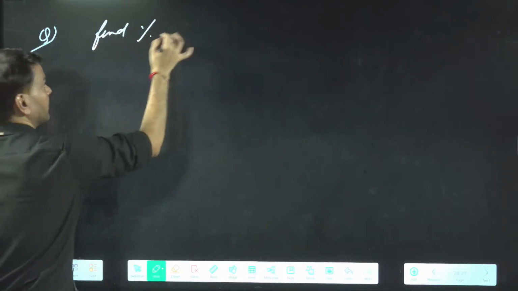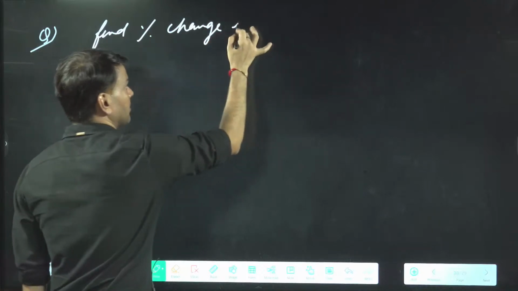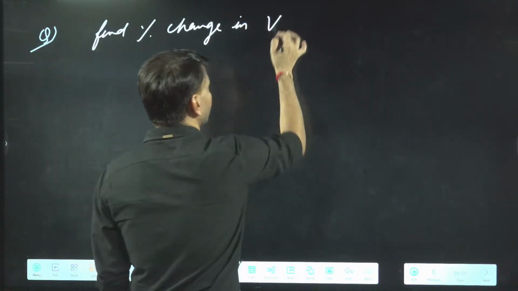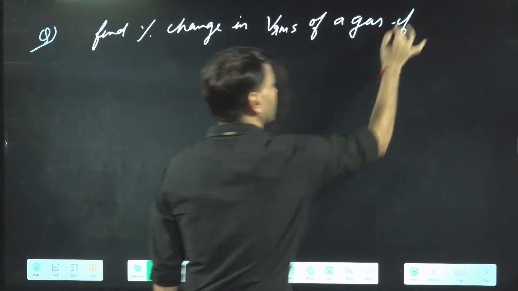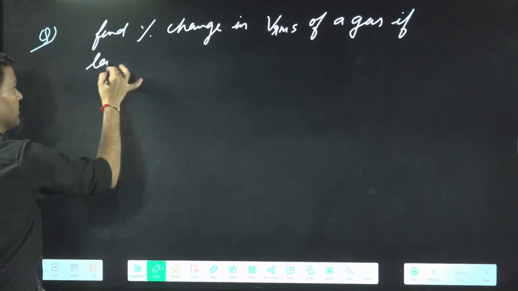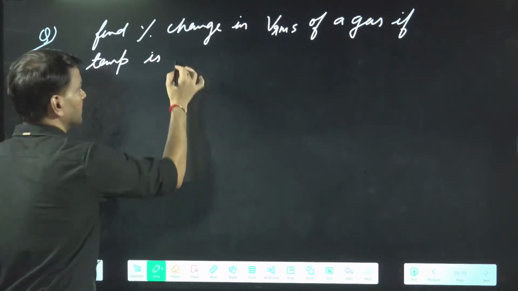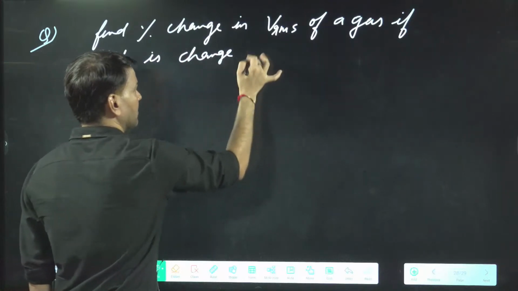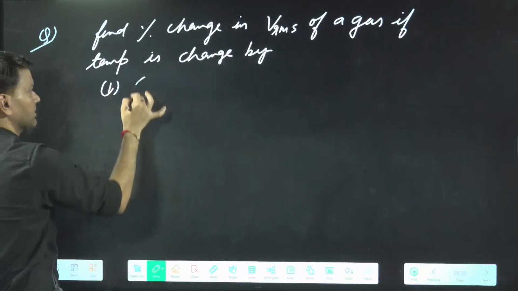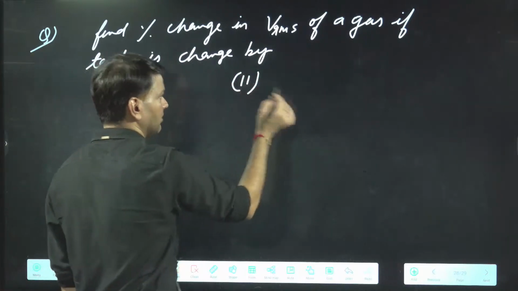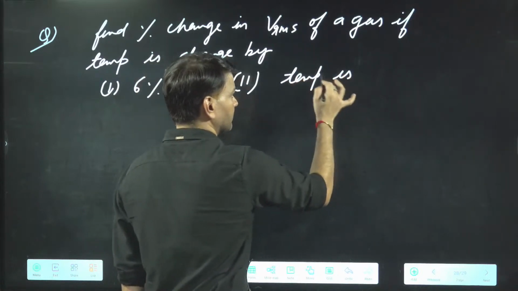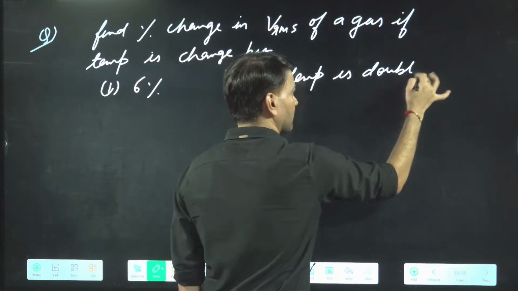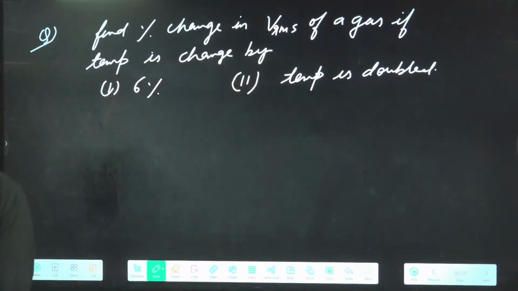Now one question. Find the percentage change in Vrms of a gas if, number 1, temperature is changed by 6%, number 2, temperature is doubled. Tell the answer fast.